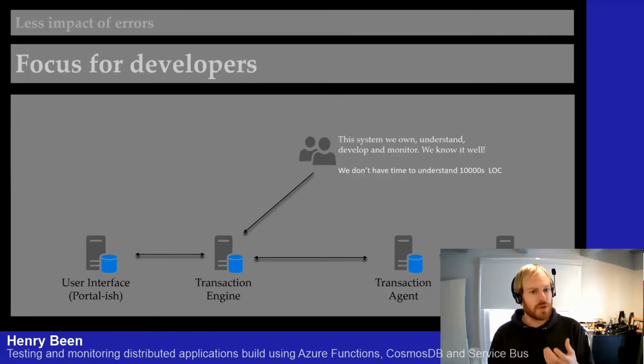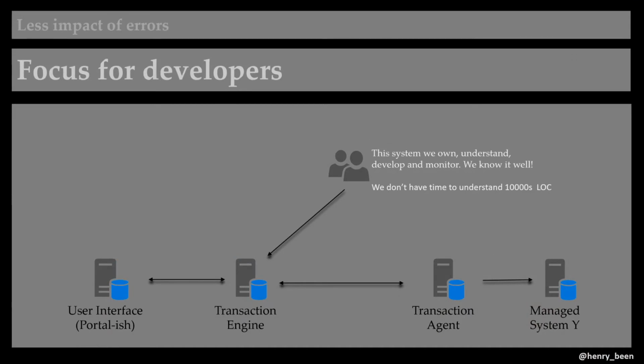Another reason is the focus for developers. If we have a monolith, and I've worked on monoliths close to 10 million lines of code, including lines with thousands of characters, it is very, very hard to understand that system as a whole. You as a developer might need years to understand how different parts of that monolith work together.